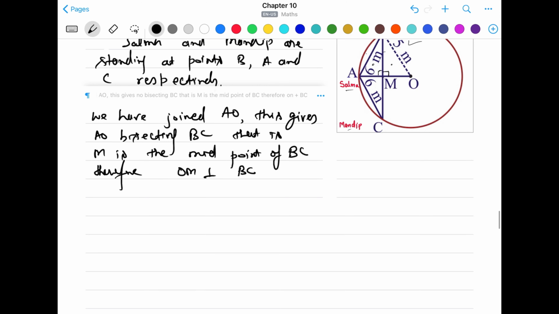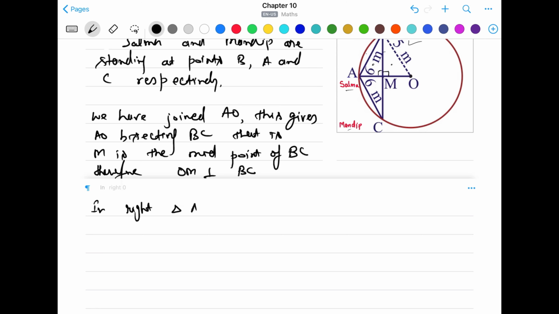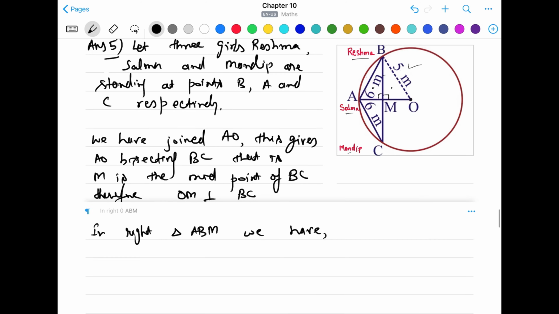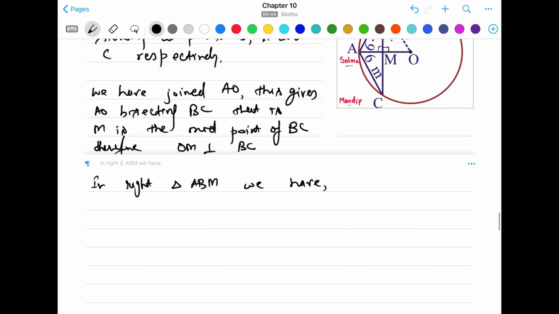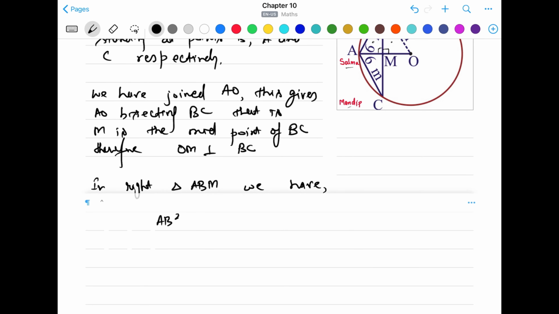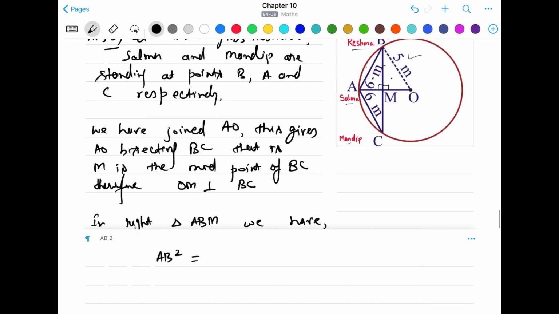So let's write, in right triangle, first we'll take the triangle ABM. We know by the Pythagoras theorem, in a right triangle the square of the hypotenuse is equal to the sum of the squares of the base and the perpendicular. That is AB square, which is the hypotenuse in this case, will be equal to AM square plus BM square.